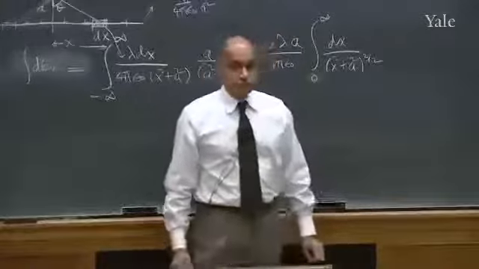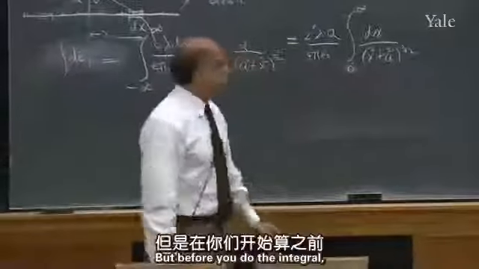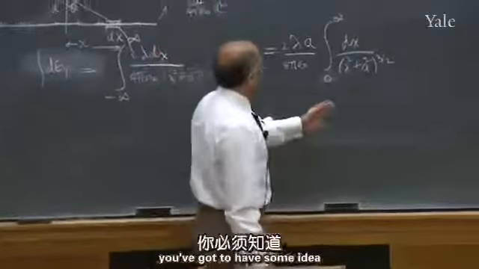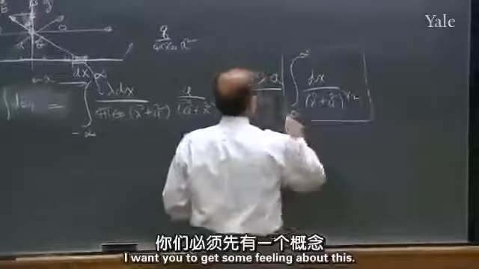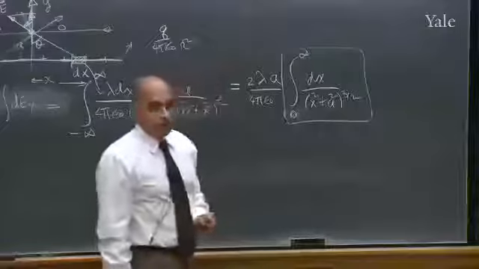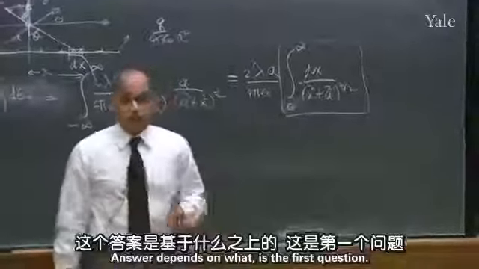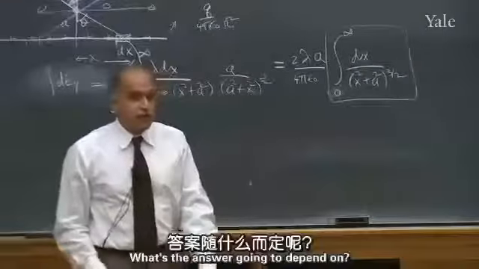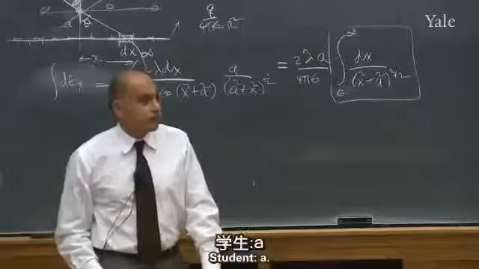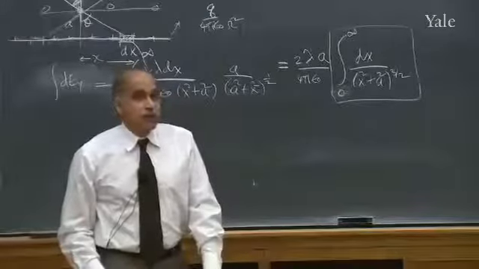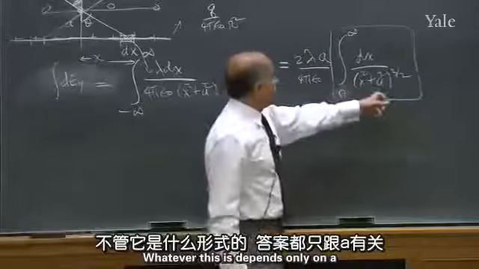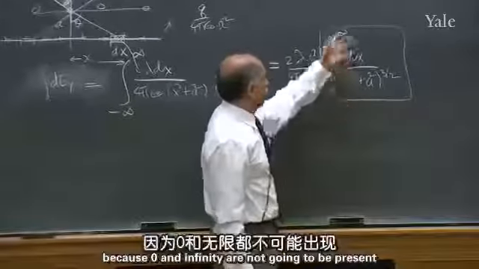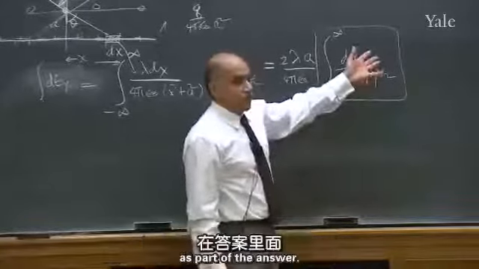But before you do the integral, you've got to have some idea what the answer is going to look like. I want you to get some feeling for this. What's the answer going to depend on? A. You understand? Whatever this is depends only on A, because 0 and infinity are not going to be present as part of the answer.